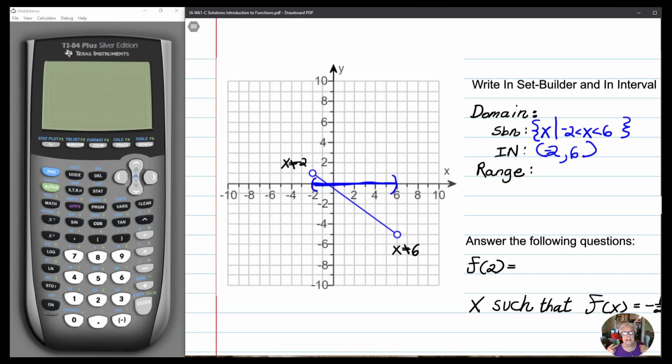When you're indicating an interval of numbers, well, that's what the domain is. There are other intervals of numbers too. This is going to represent an interval. In fact, it's called an open interval because x cannot equal either of the endpoints.